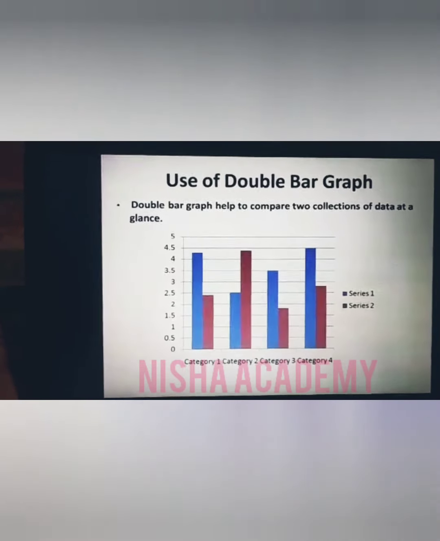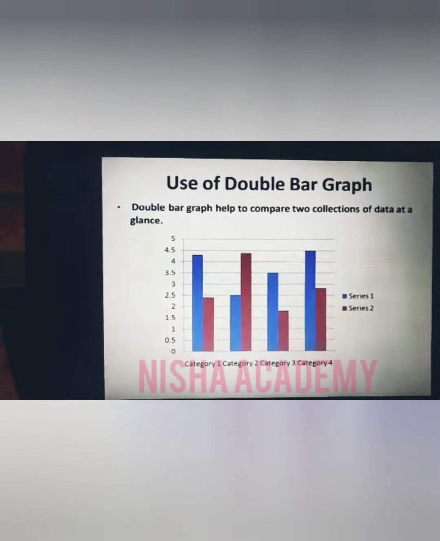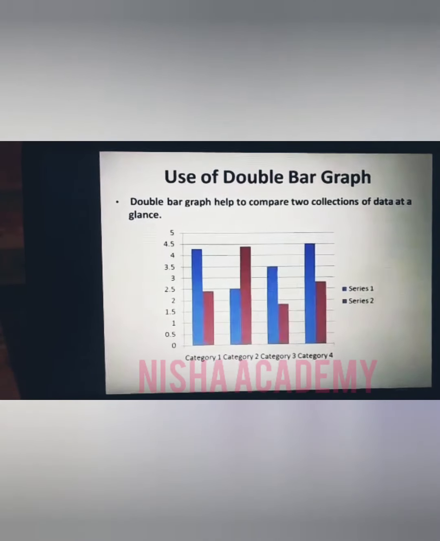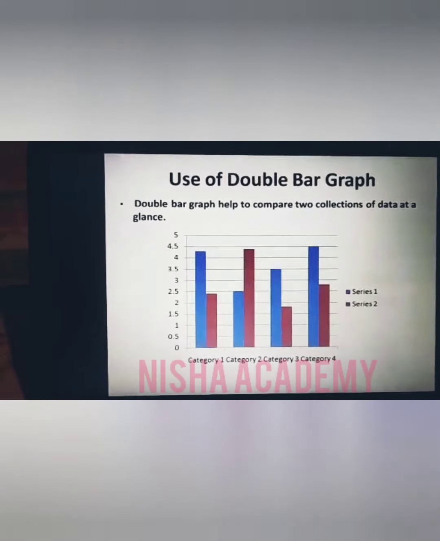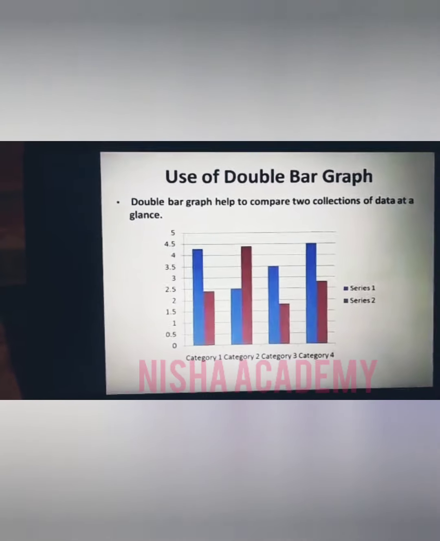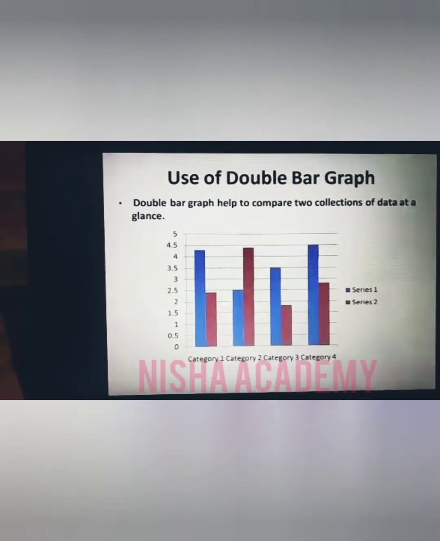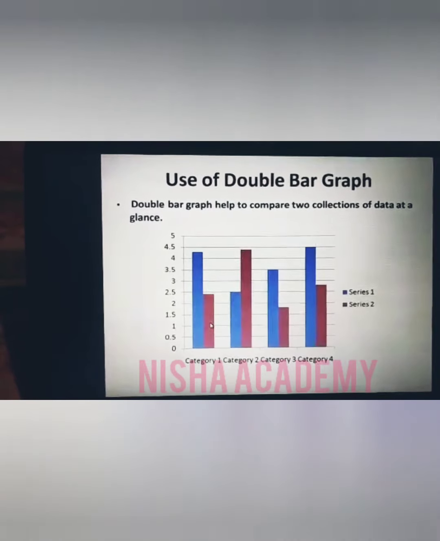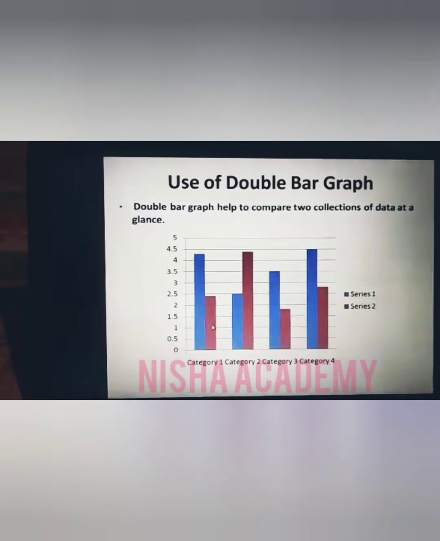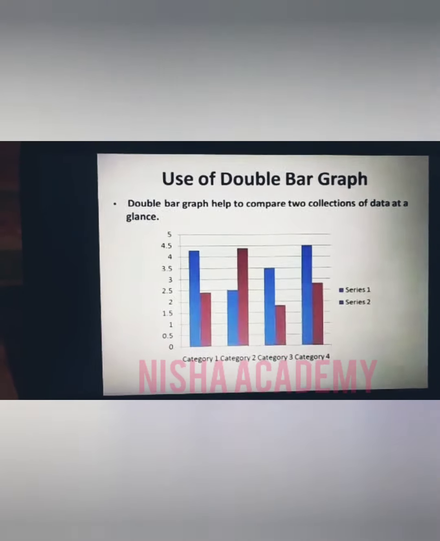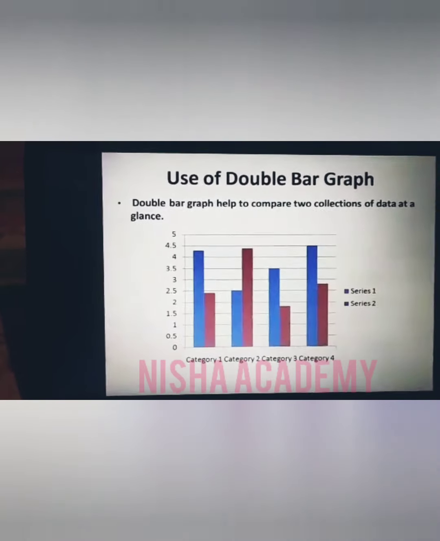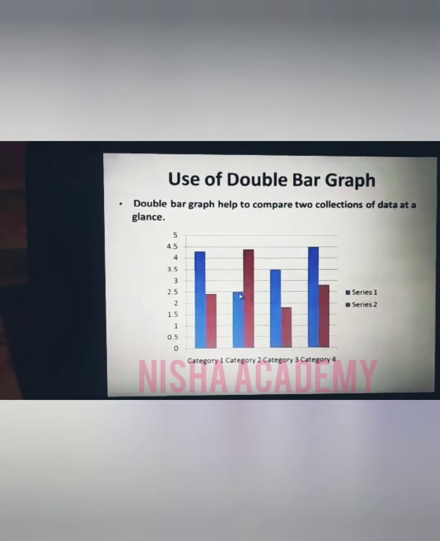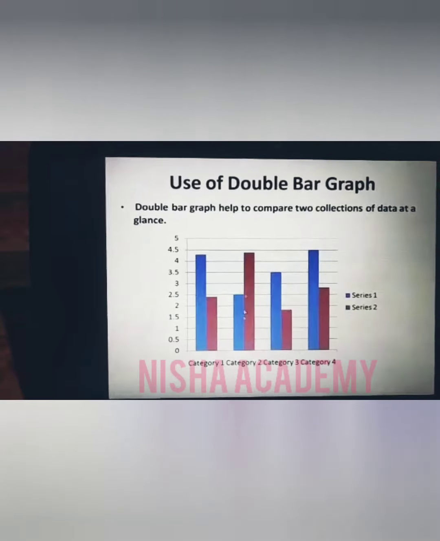Suppose you have data of students' marks of 2019 and 2020. If you have to compare them, you have to draw a double bar graph. So you can compare that in 2019 he scored this much, in 2020 he scored this much. It would be easy to know whether his marks have increased or decreased.